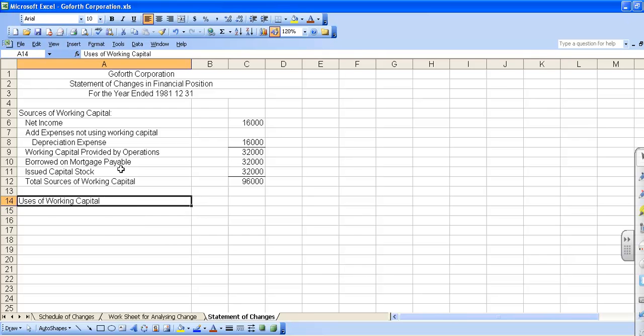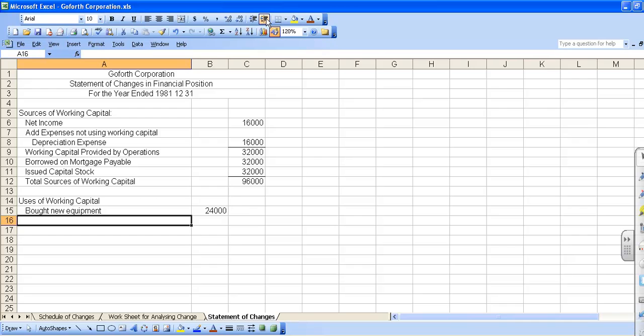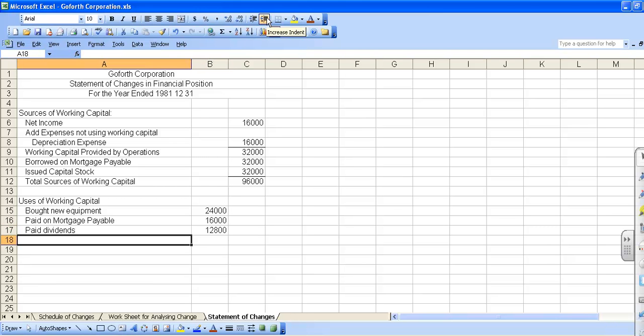Our uses were that we bought new equipment, and that was worth $24,000. We paid on mortgage payable $16,000, and we paid dividends of $12,800.